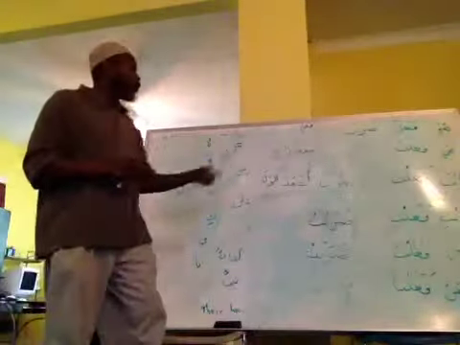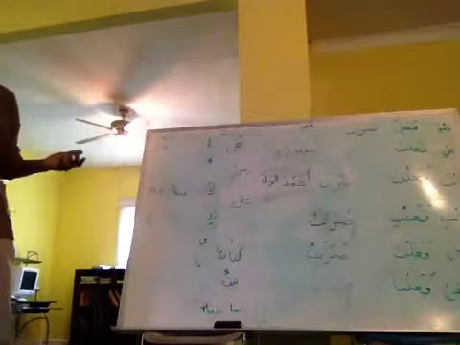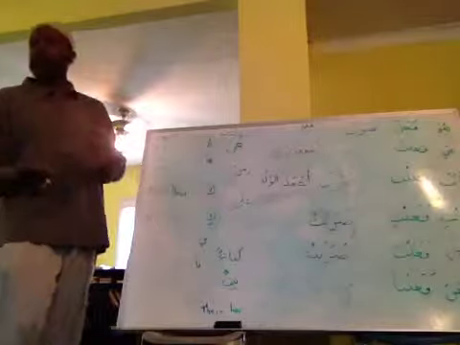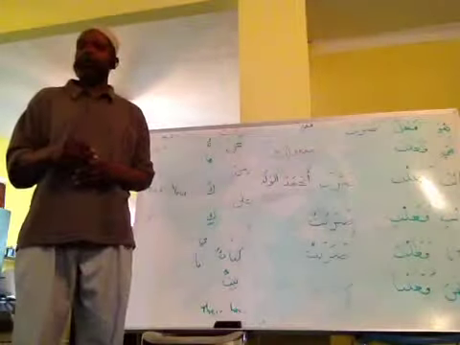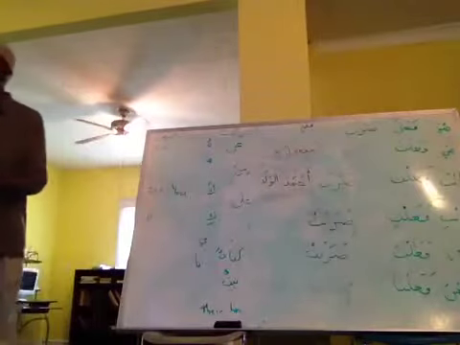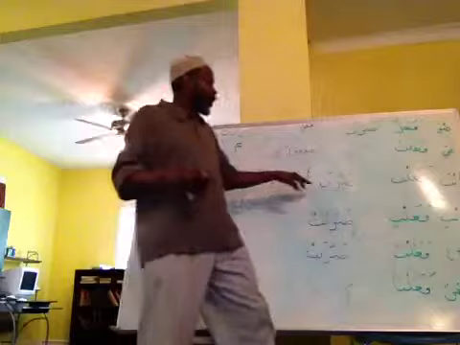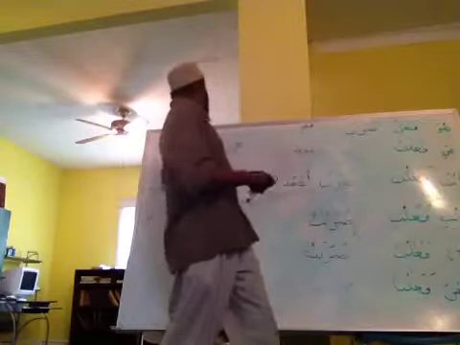Maf'ulun bihi is what we call it in Arabic. In English, it's nothing more than the object of the verb. That's in grammar. The object of the verb, the recipient.